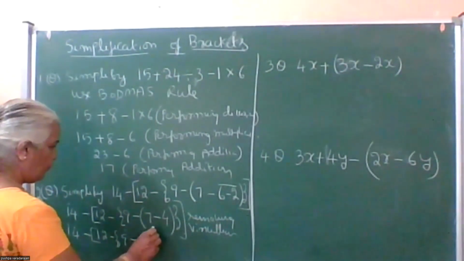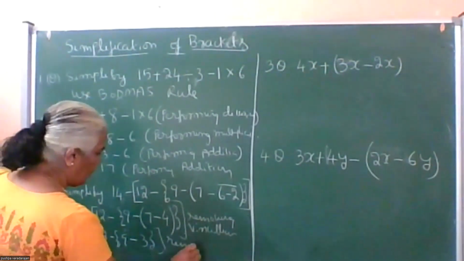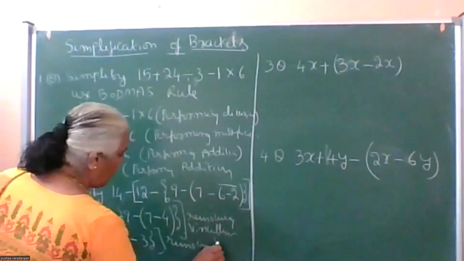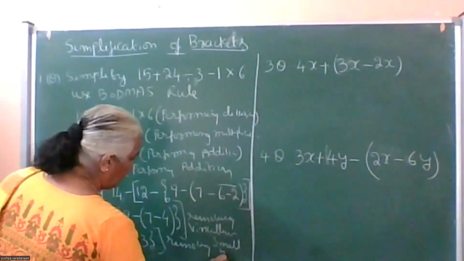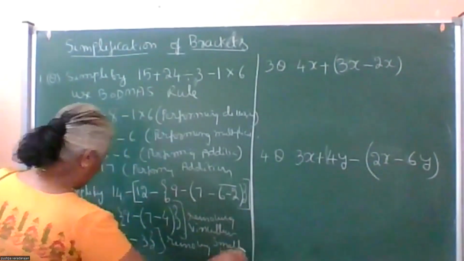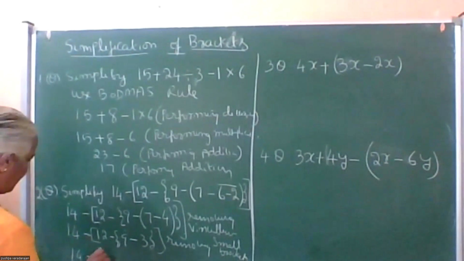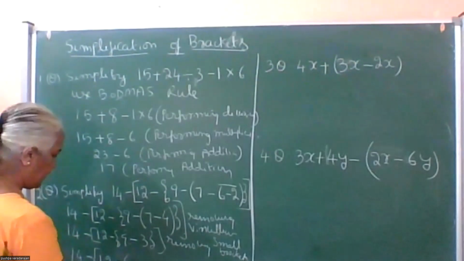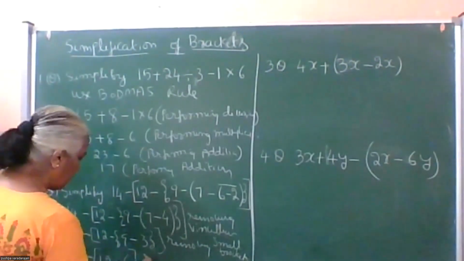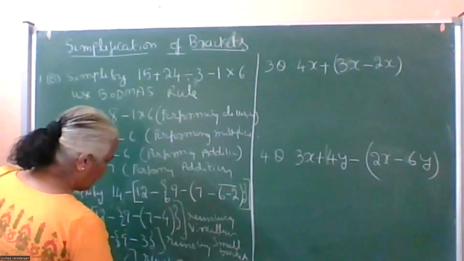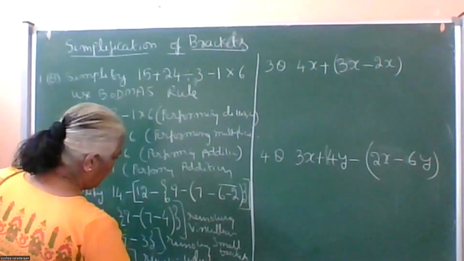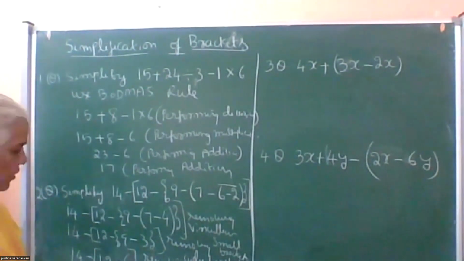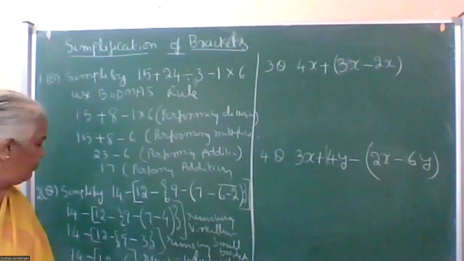And then what bracket have we removed here? We have removed the small bracket, and then 14 minus 12, 9 minus 3. 9 minus 3 is 6. Here we have removed the curly bracket, and then we have to remove the big bracket.